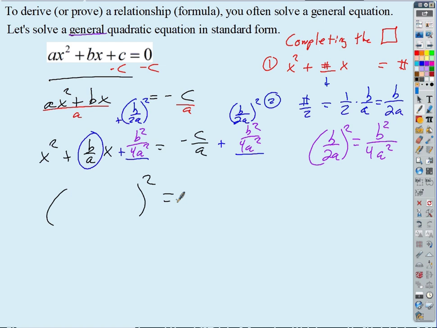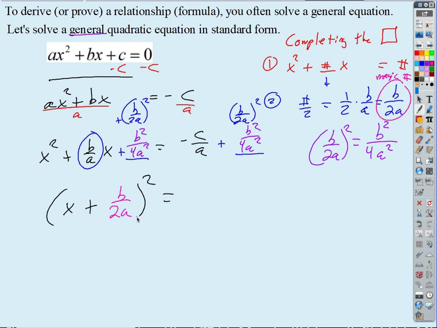Wasn't it just always half of the number, right? The number before we squared it. So I'm going to get x plus half of that, which was b over 2a, right? When I factored that side.